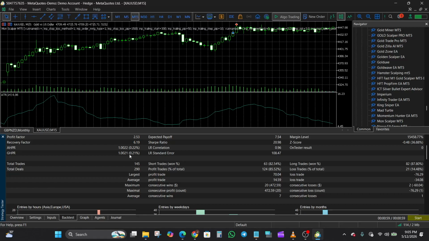But like any automated strategy, historical performance alone is never enough. Results can still vary depending on risk settings, lot sizing, broker execution, market volatility, and overall optimization choices. So proper testing and careful risk management are still extremely important before considering live trading.